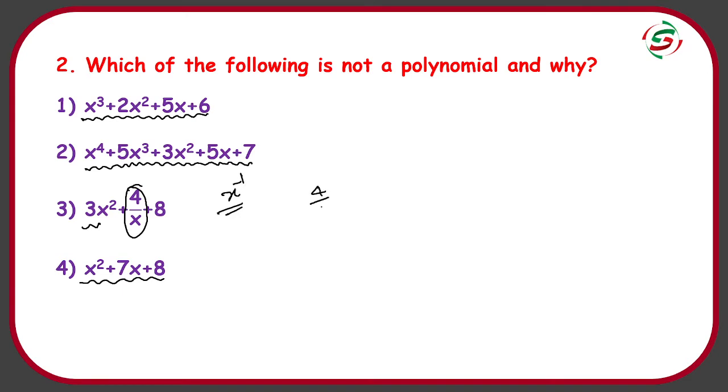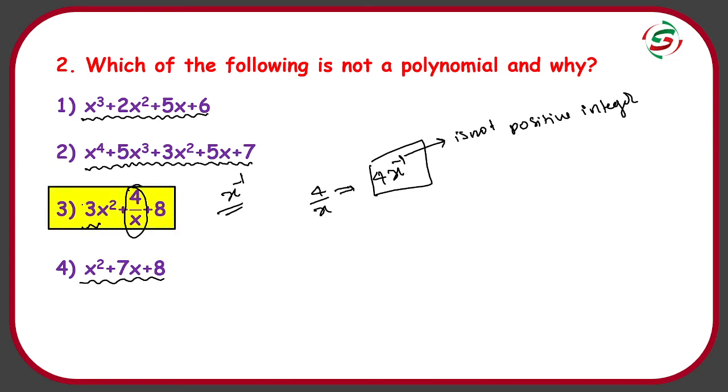If it is given as 4 by x, we can write it as 4 into x to the power of minus 1. Minus 1 is not a positive integer. Therefore option 3 is not a polynomial. Clear?